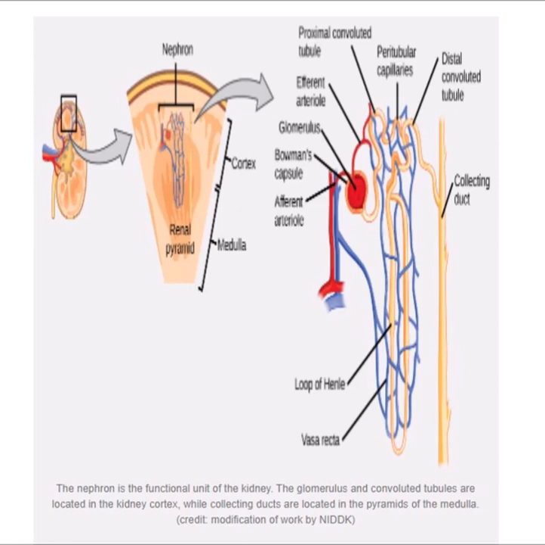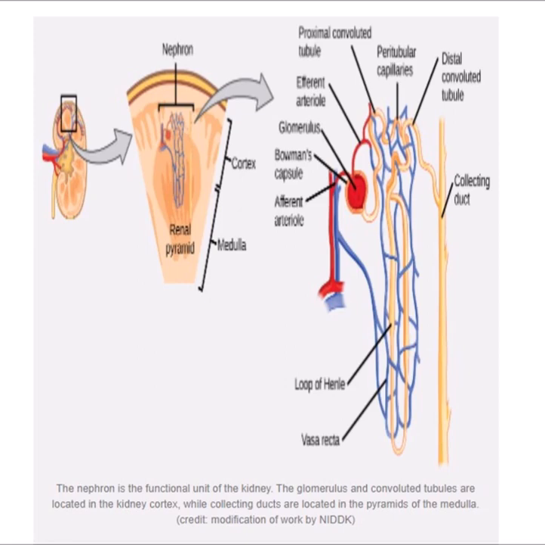Let me spell the second type of nephron, which is the juxtamedullary: J-U-X-T-A-M-E-D-U-L-L-A-R-Y.